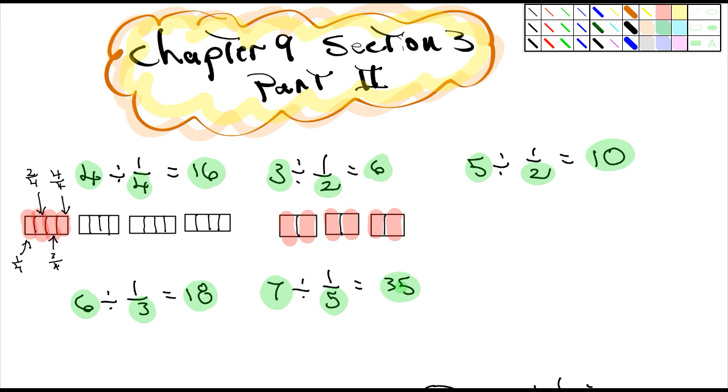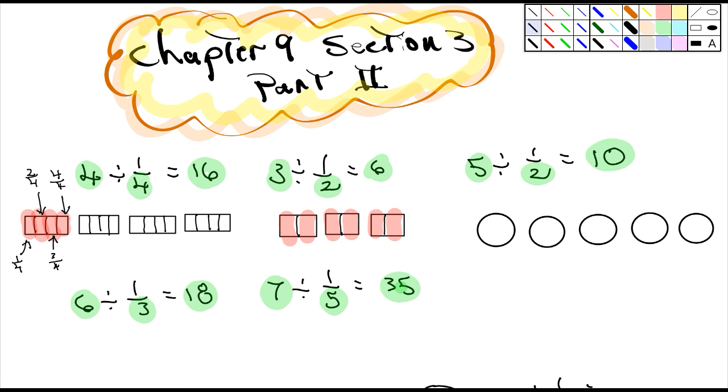So we have 5 divided by 1/2. So let's say there's 5 pizzas. 1, here's 2, here's 3, here's 4, here's 5. There's 5 pizzas, and we need to divide that by half.